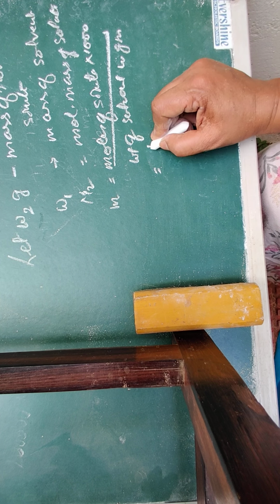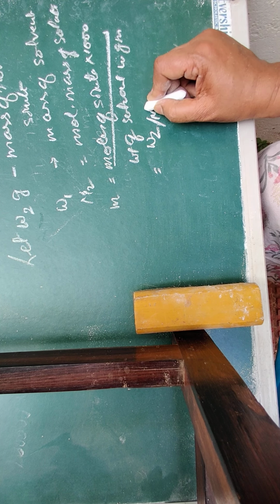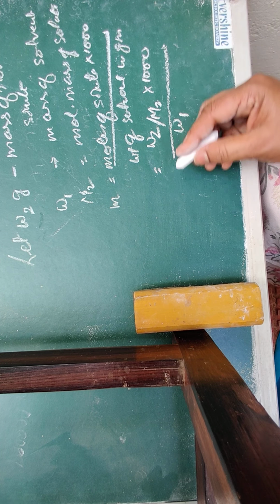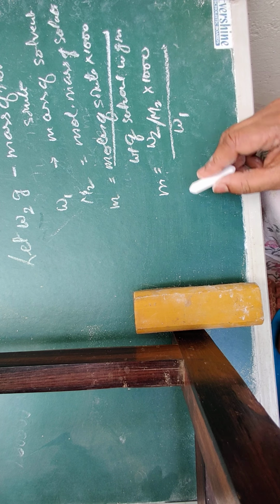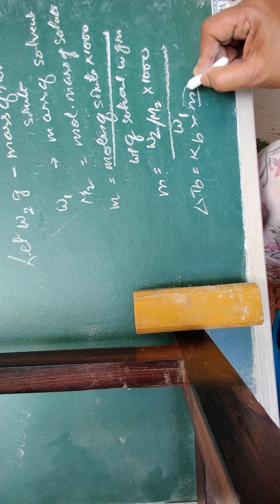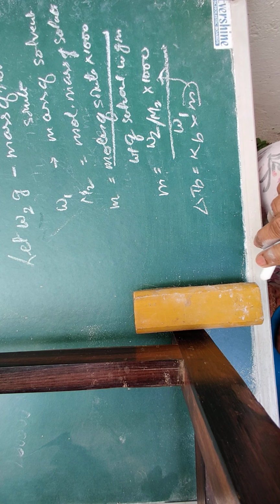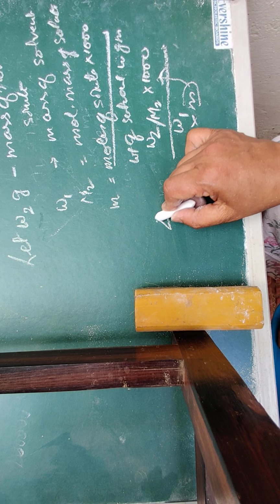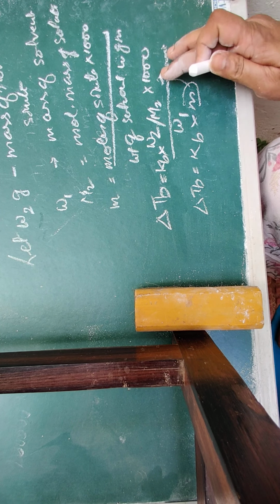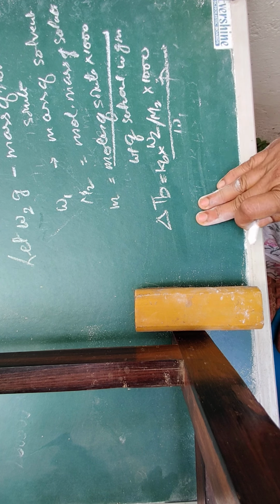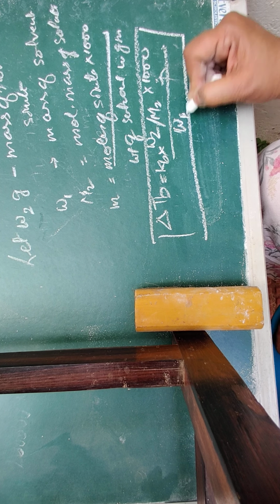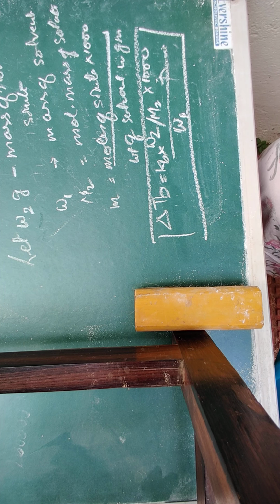Moles of solute is equal to W2 upon M2, in 1000 divided by weight of solvent W1. So m is this. We have seen that del Tb is equal to Kb into m. So put this m here. m is this. So this is the formula for determining the molar mass of the solute.